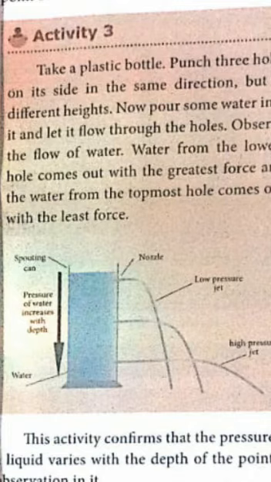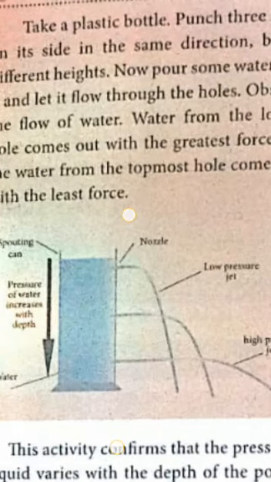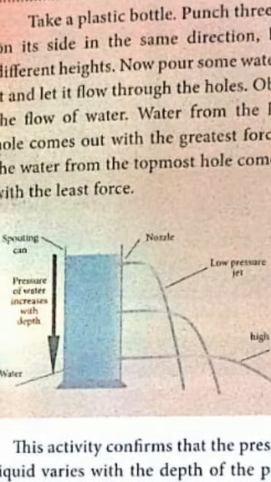Why does the water come out with the greatest force from the lowest hole and with the least force from the top hole? Because the depth of the lowest hole is more, and the depth of the topmost hole is less.